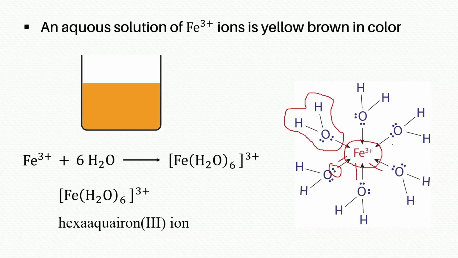These arrows show dative covalent bonds. There are 6 covalent bonds. Now you can clearly understand the reason for the yellow brown color of Fe3+ ion solutions.